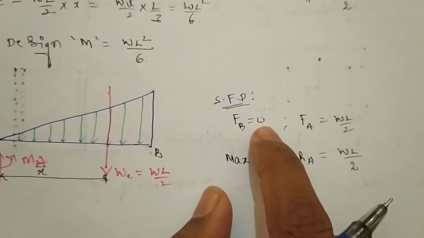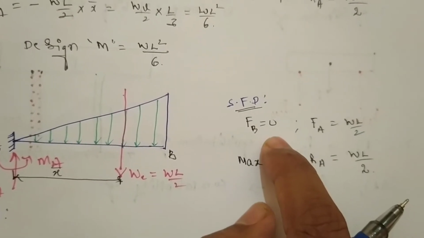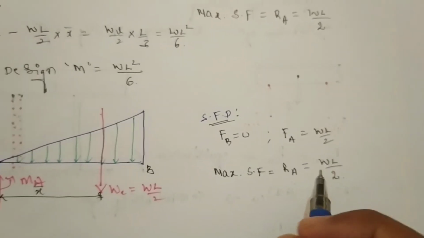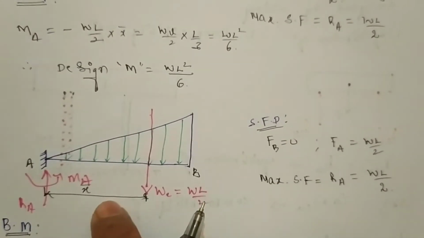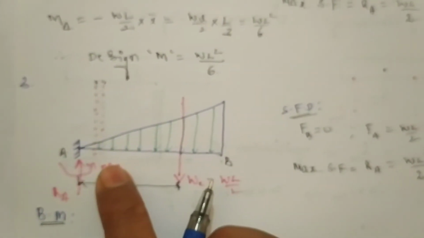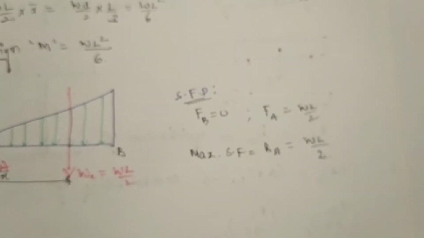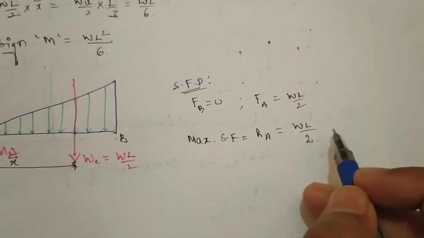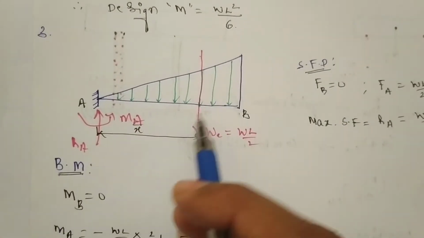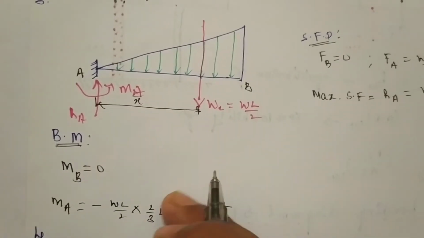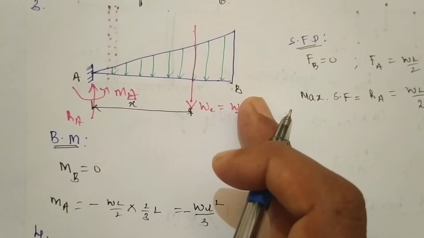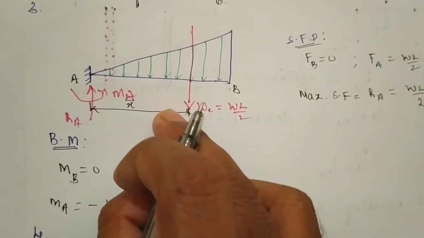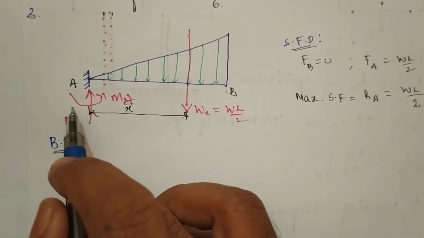Shear force at the free end is 0. Shear force at the reaction point is WL by 2, the maximum shear force. For bending moment, the value at the free end is 0, and at point A it equals load into distance x bar.